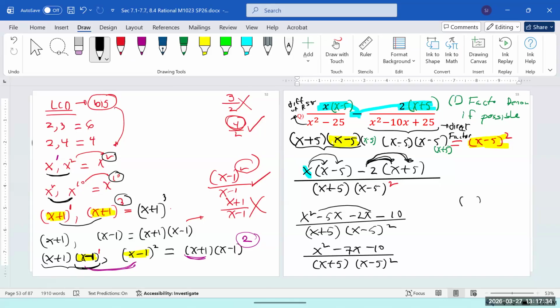So can you think of two numbers that multiply to negative 10 but add up to negative 7? 2 and 5. Give me their signs. Negative 5 positive 2 is going to give you negative 3. So negative 5 plus 2 is negative 3, but you're looking for negative 7.